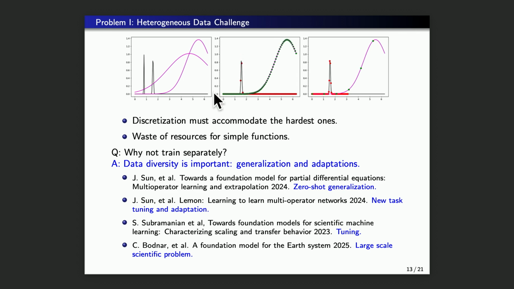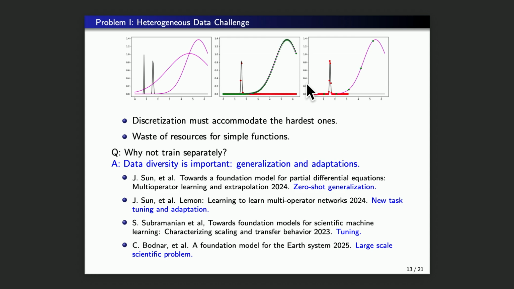But this very dense discretization will be an unnecessary computational cost for the very smooth signal with maybe just very low dimension. So ideally, different functions should be handled using different sizes of mesh.